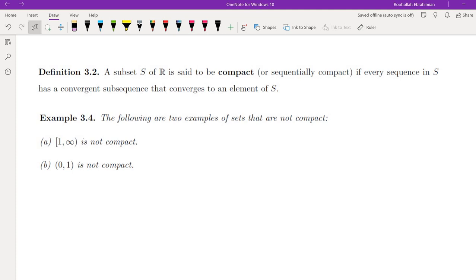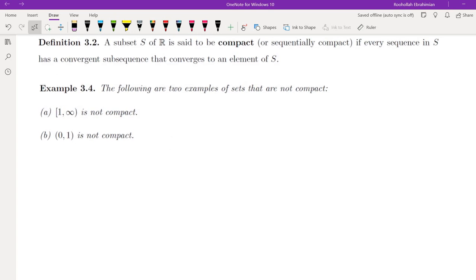A subset S of R, so just to state that more rigorously, a subset S of R is said to be compact, or sometimes they call it sequentially compact, if every sequence in S has a convergent subsequence that converges to an element of S. So every sequence has a subsequence that converges to an element of S. So not just converges, but it also converges to an element of S.